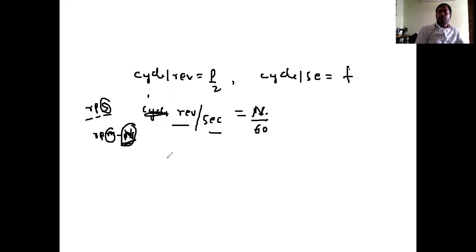So now frequency is equal to cycles per second. If you multiply, look at this one: cycles per revolution, P by 2, into revolution per second, N by 60.